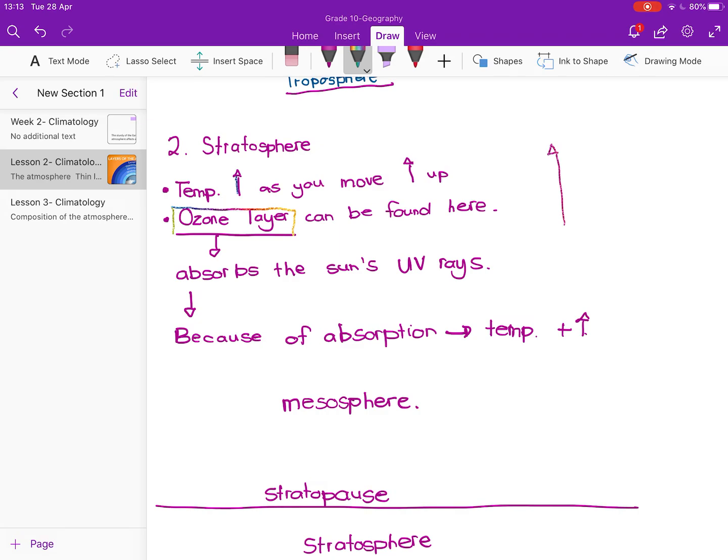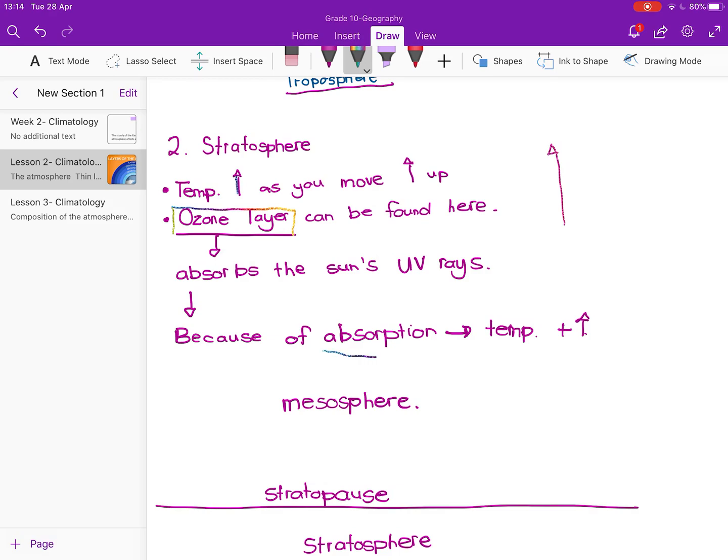Now the moment the sun's UV rays hit us as people, or hit the surface of planet Earth, that will be very, very harmful. We will not be able to survive. So we need to protect the ozone layer so that it can continue to absorb the sun's UV rays.